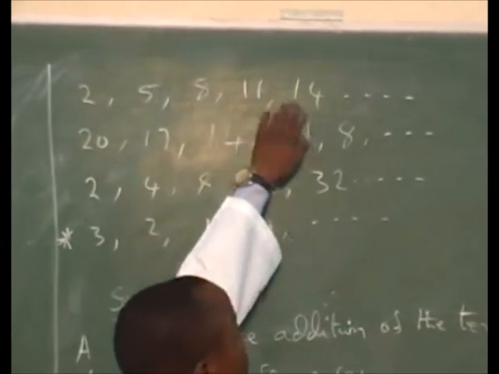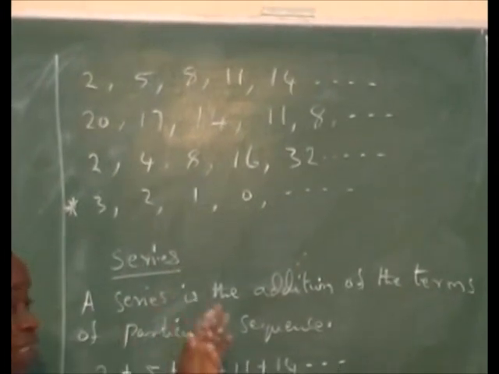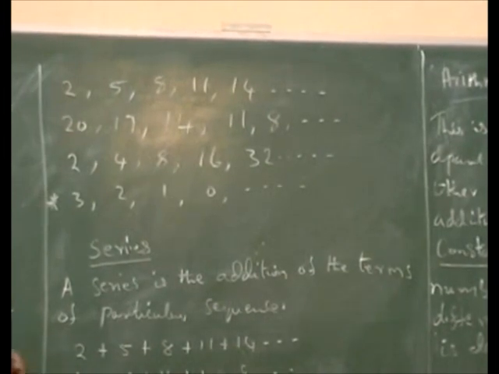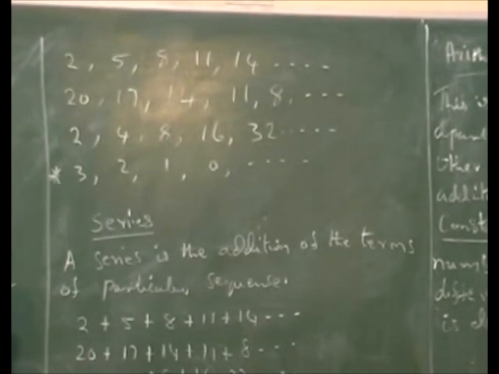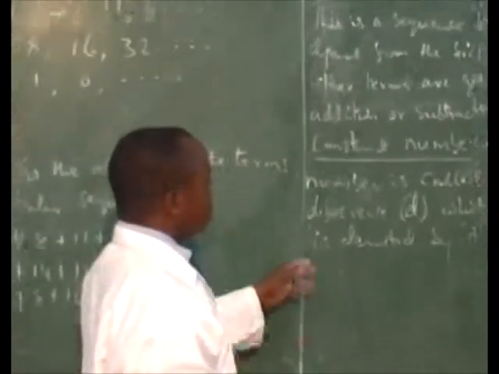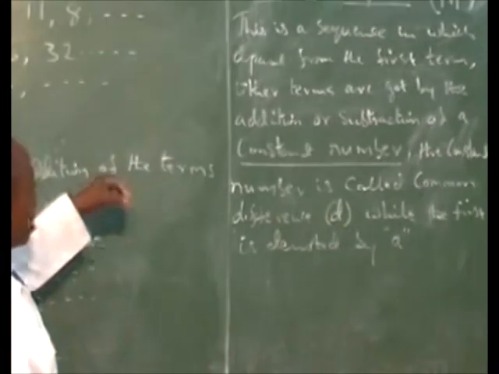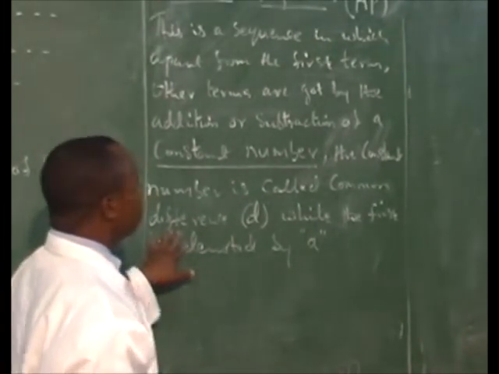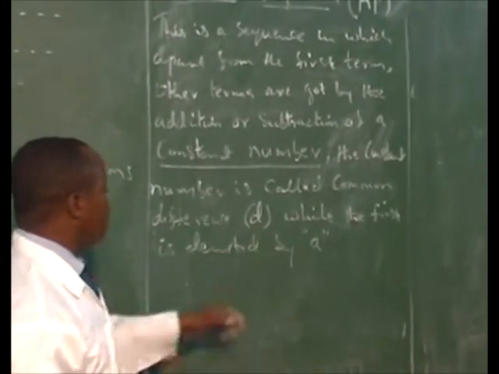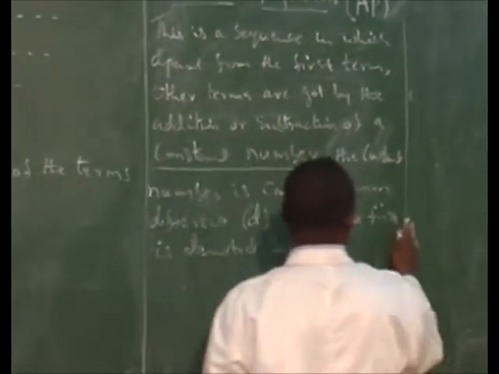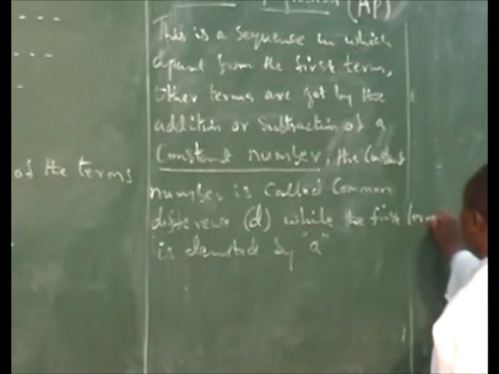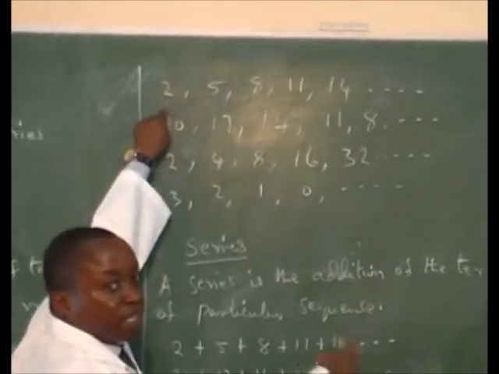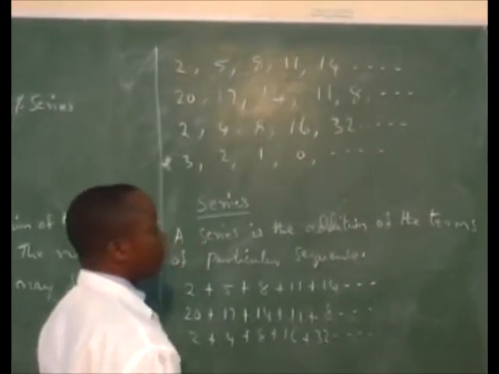We add 3 to 11, we get 14. So it is taking that pattern. That is the rule we are talking about, that the sequence is a succession of terms by a well-defined rule. So now that constant number, that 3 is a constant number. So the constant number is called the common difference, while the first term is denoted by A. So the 3 that we are adding is called common difference.